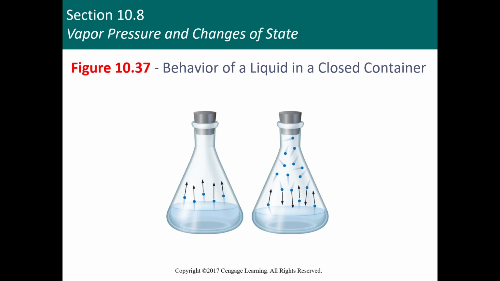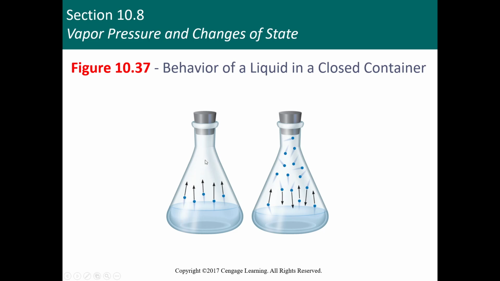The behavior of a liquid in a closed container here is going to show you an example of vaporization. And so right here at first, when we don't have any of the liquid going to vapor yet, we have an empty top of the container. And so first thing that happens is some of these molecules will gain enough energy to eject from the liquid state.